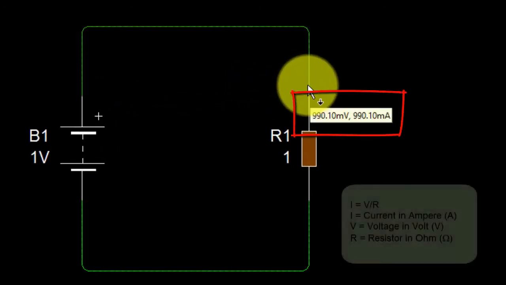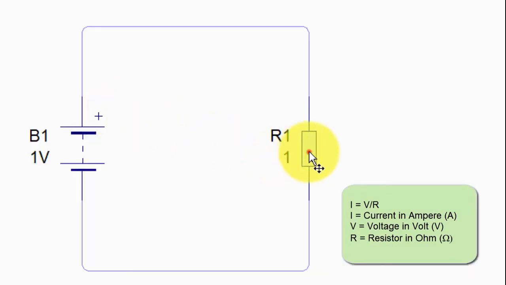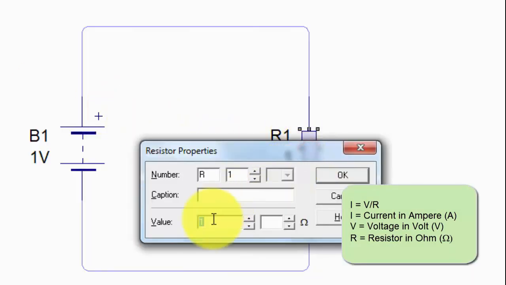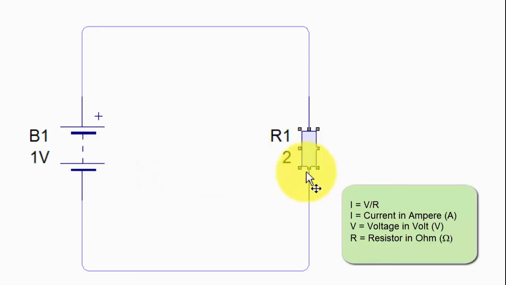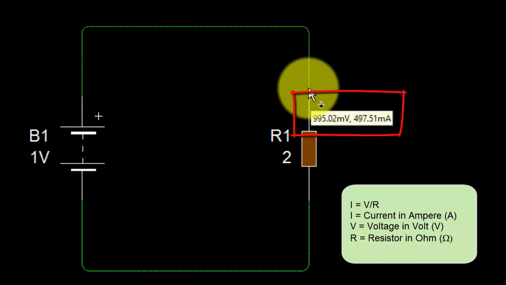If the voltage source is 1 volt with a single ohm resistor, then the current will be close to 1 ampere, or 1000 milliamperes. Now we try to change the resistor value to 2 ohms. The current changes to near half an ampere, close to 500 milliamperes.